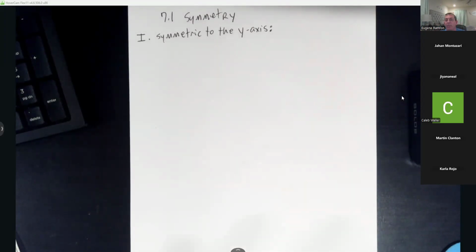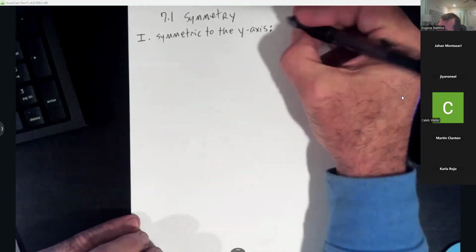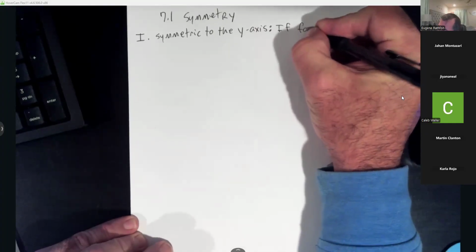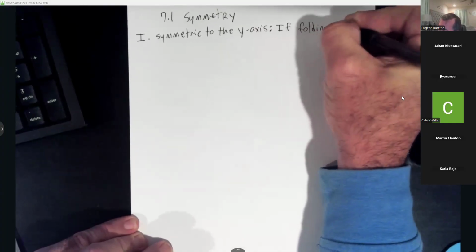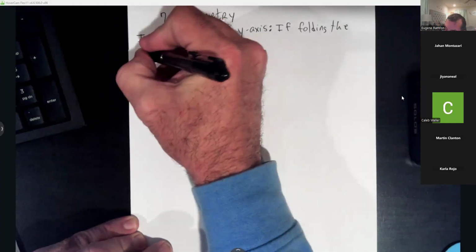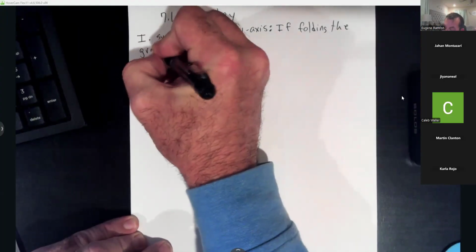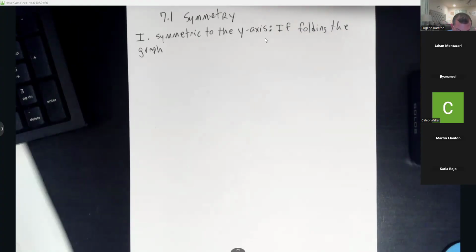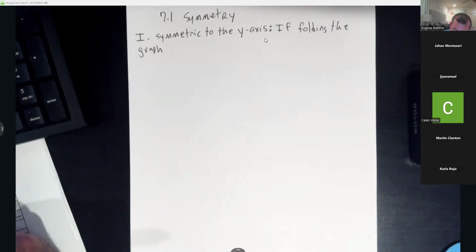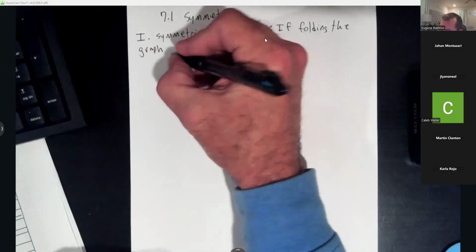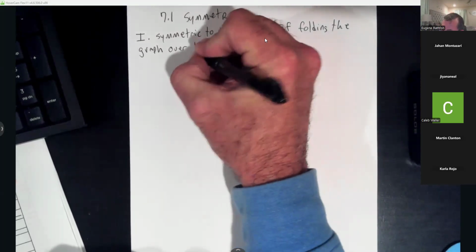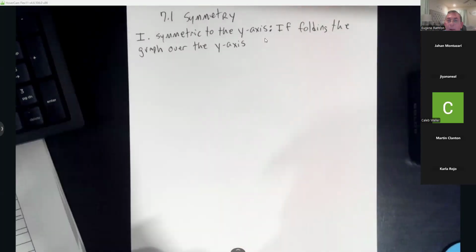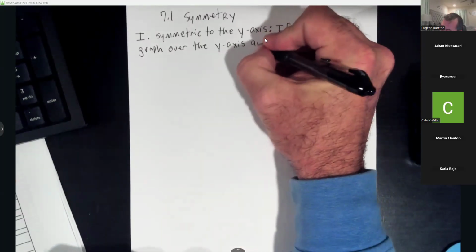Being symmetric to the y-axis means if you can fold the graph over the y-axis, and the graph lands on itself.